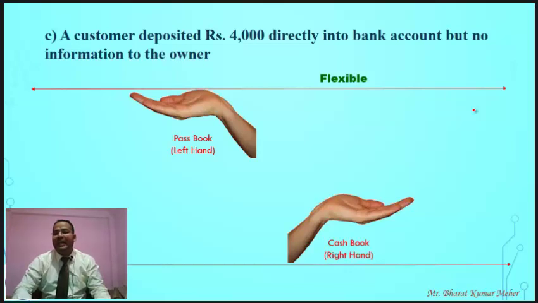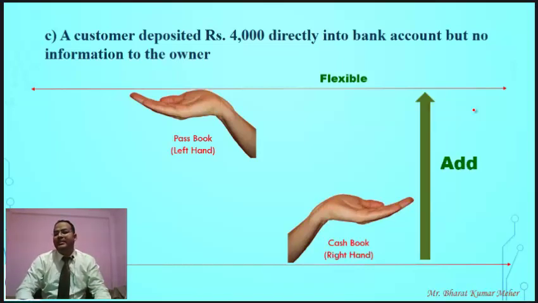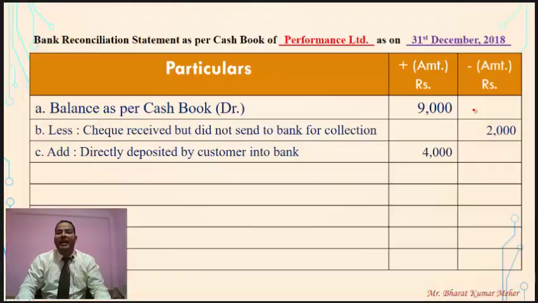Passbook is more, cash book is less. Which one is flexible? Cash book is flexible. What I have to do? I have to add it. Clear? Now look into the solution of this. Point C. Add directly deposited by customer into bank. As it is add, so I have put it on the plus side. Hope that everything is clear up to this much.